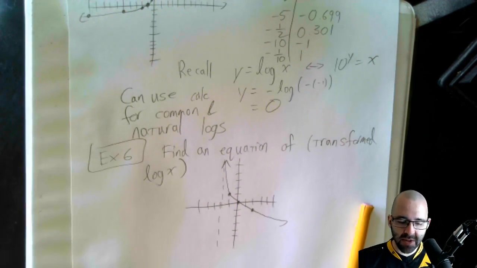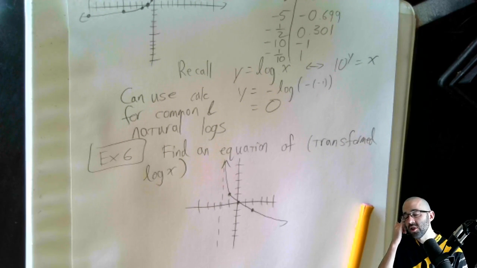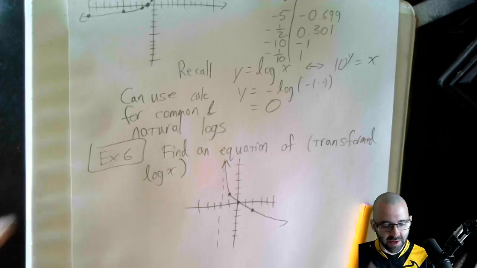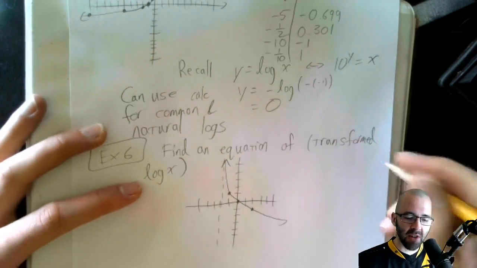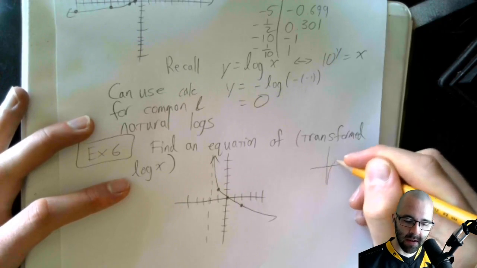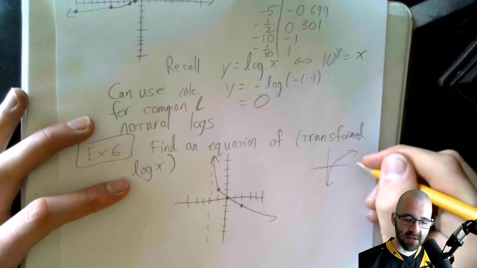So it's some sort of transformation of a logarithm. So again, you should remember, this is a transformation of log of x. What does log of x look like? Log of x looks something like this.